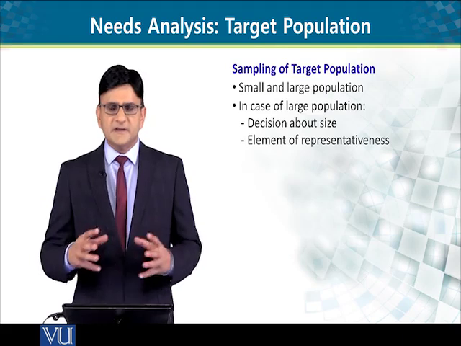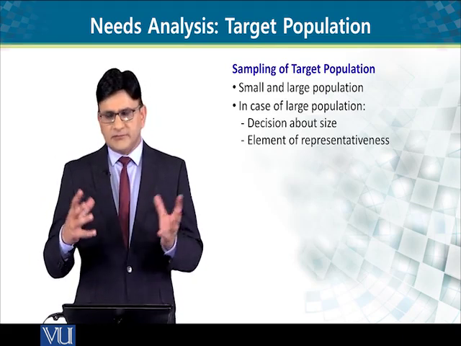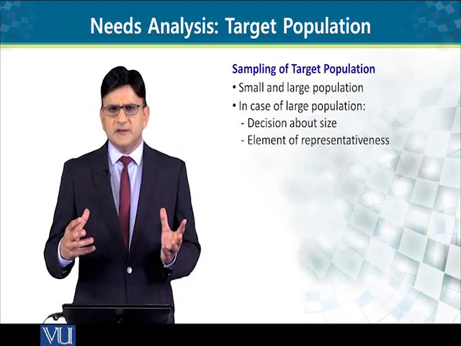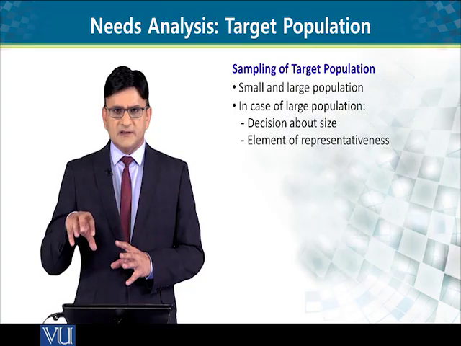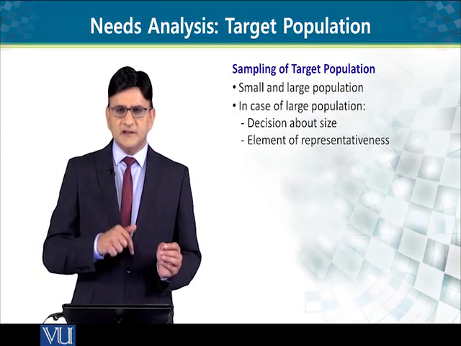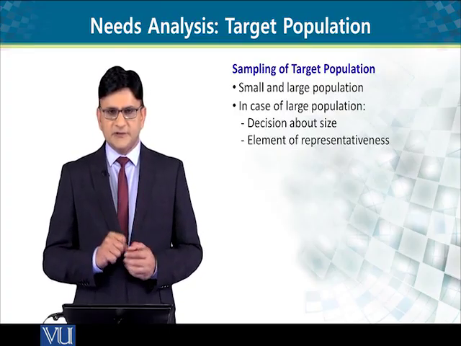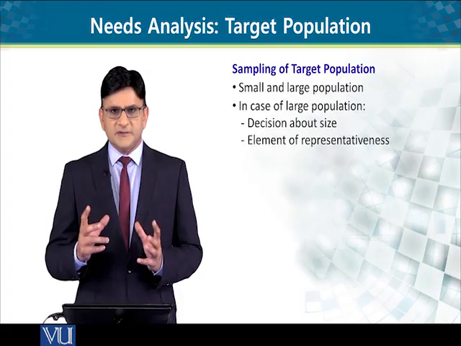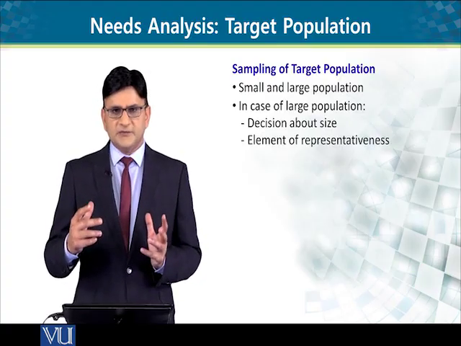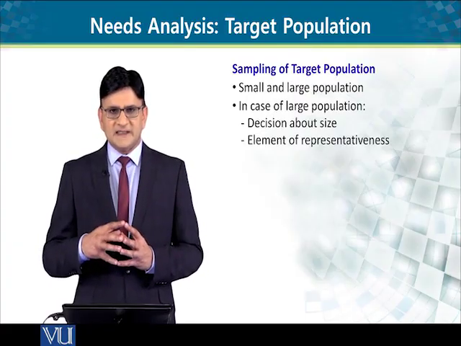Okay? Obviously, if the target population is, for example, 30 students, it could be very easy to study each individual student. But in the context of a bigger population, we need to make decisions. For example, if the number of students is 1,000, we need to be sure about which techniques to be used.